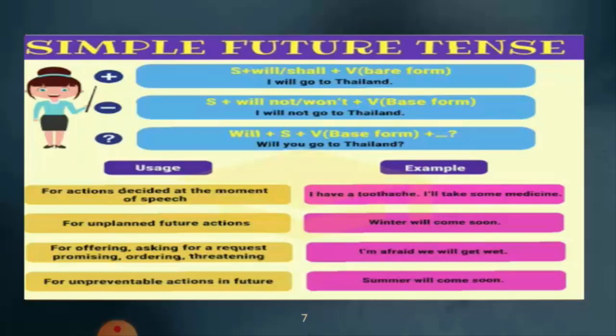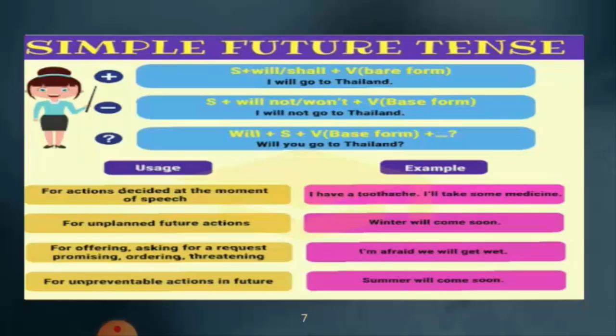What about the usage? Simple future tense is used to express actions decided at the moment of speech, so it is used for quick decisions. For example, I have a headache, I'll take some medicine. It is also used for unplanned future actions. For example, winter will come soon.